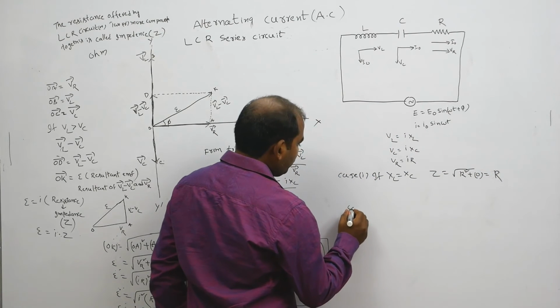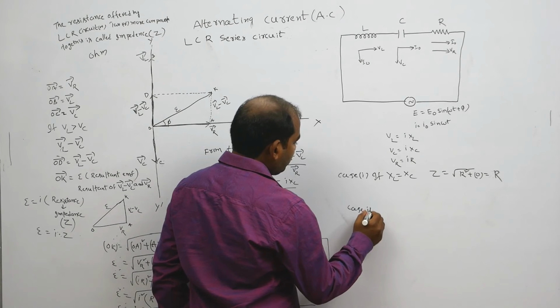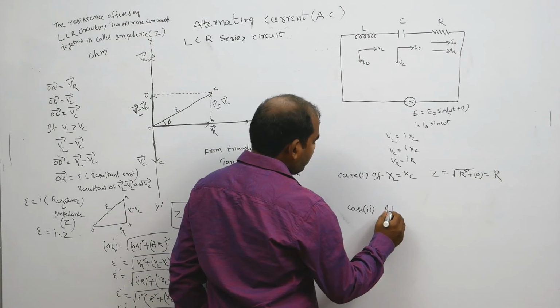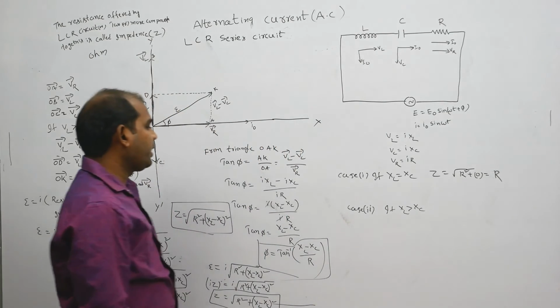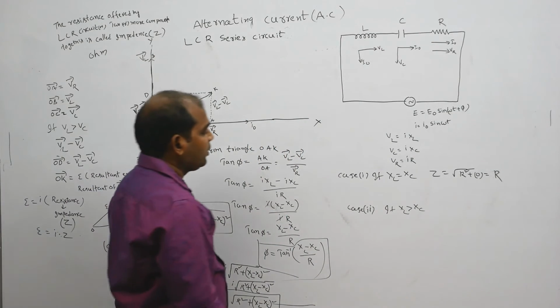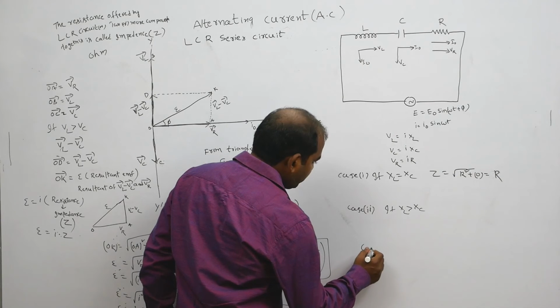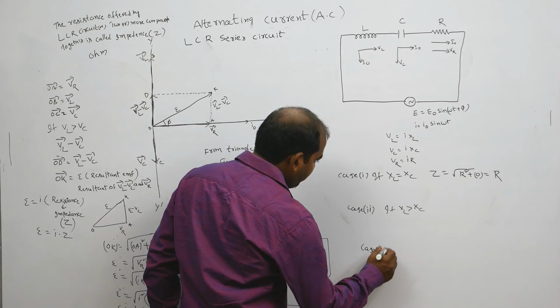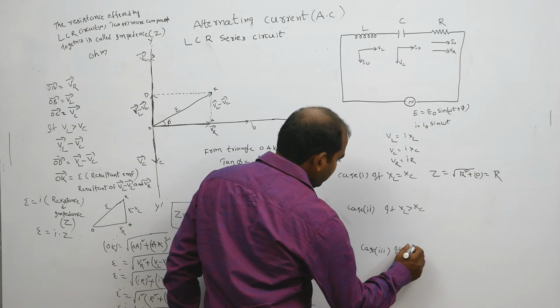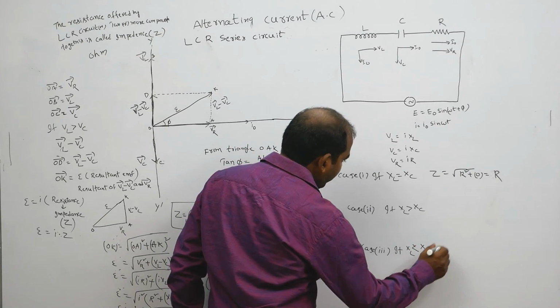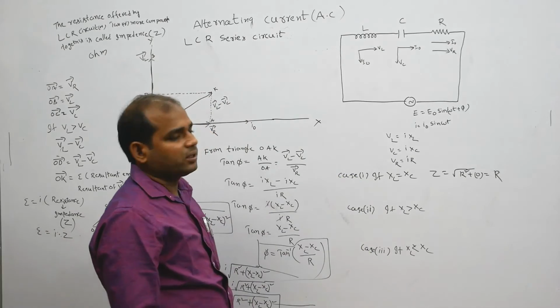In case 2, if XL is greater than XC, and case 3, if XL is less than XC. There are three cases we are going to discuss here.